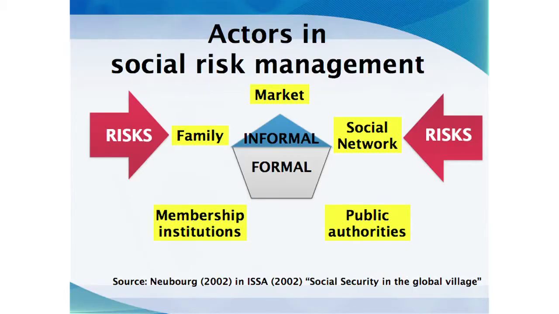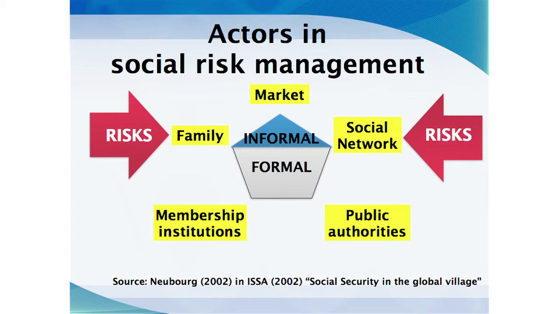Am I clear? Okay, so you have various actors in this risk management. Let's say that you are sick, you can rely first on yourself, on your job, your salary. You will go to the hospital and you can pay for it. You can rely on your family, your social network. You can also go to the market and buy personal insurance.